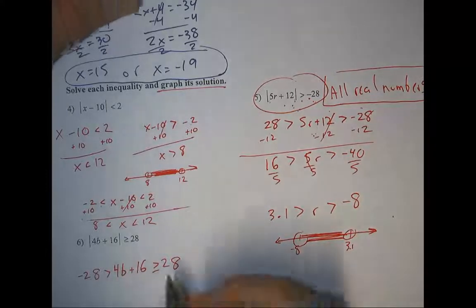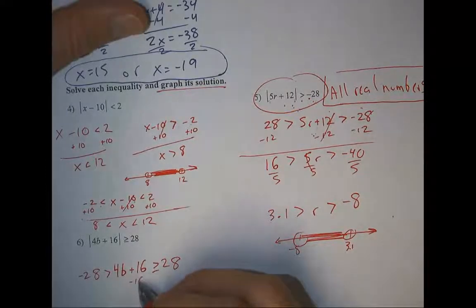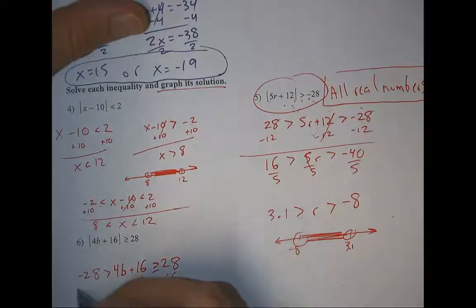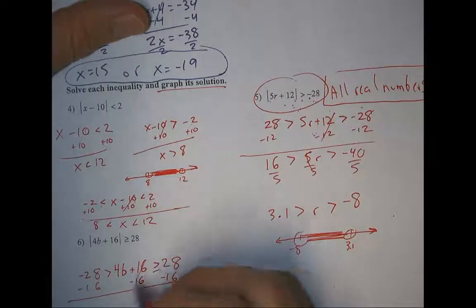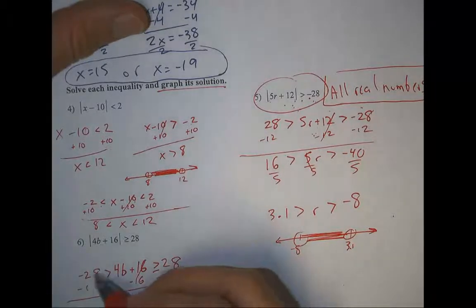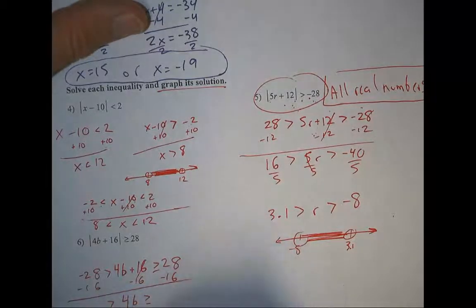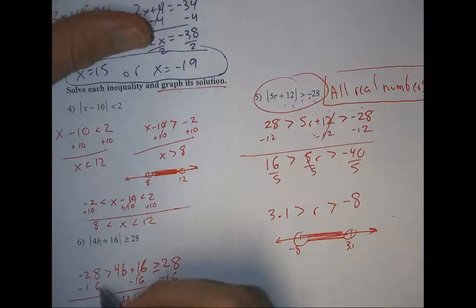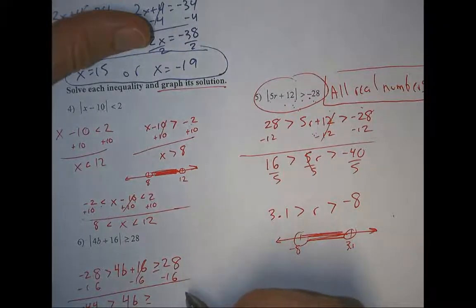All right, so this one, let's go ahead and run these numbers. We're going to minus 16. So if I minus 10, that's negative 38. And then another 6, that's negative 44. And 28 minus 16 is 12.